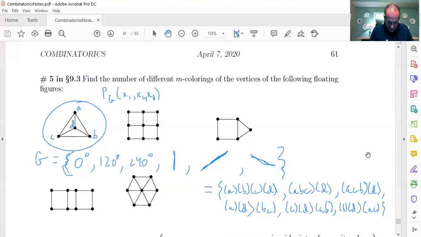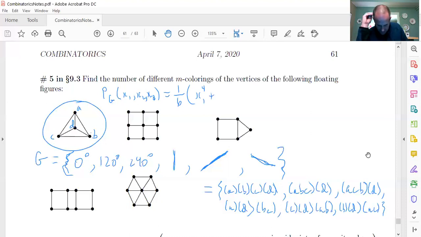First of all, I go 1 over the size of the group. I have 1, 2, 3, 4, 5, 6 different permutations. The identity element is going to be 4 1-cycles, so that contributes an x1 to the 4th, plus. What about other things?